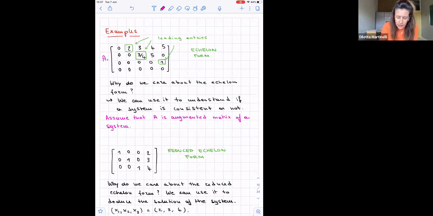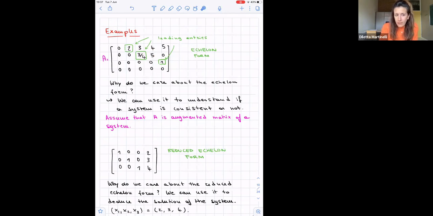So what does it mean? It means that the last column is the known vector B, B1, B2, B3, B4. And it means that I have, in this case, 3 equations, because the last one is only a 0 row, 3 equations in 1, 2, 3, 4 variables, right? So the first equation would be x2 plus 3x3 plus 4x4 equals 5. And then the second equation would be 3/4 x3 plus 5x4 equals 0.